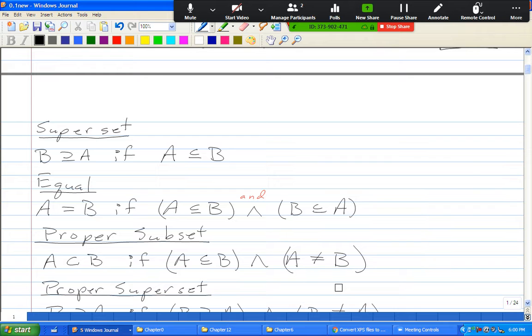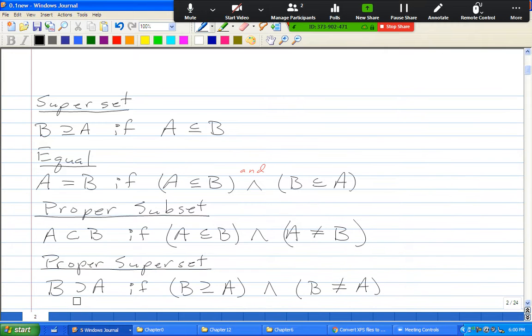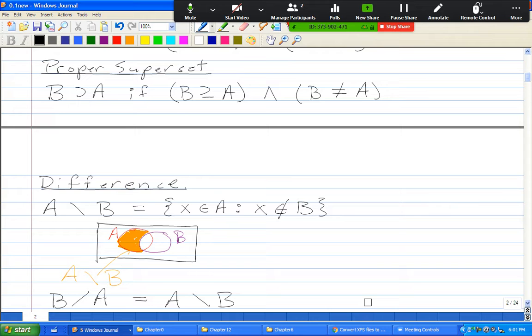A proper superset. B is a superset, a proper superset of A if A is a proper subset of B. In other words, if B is a superset of A and B is not equal to A. The difference of two sets.